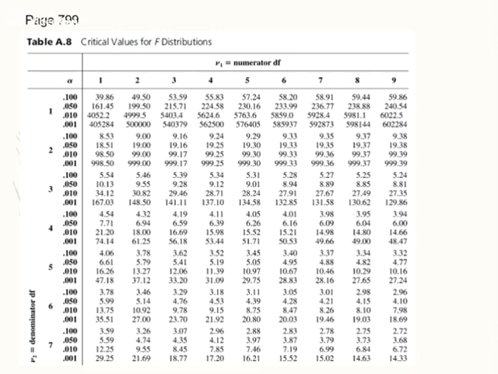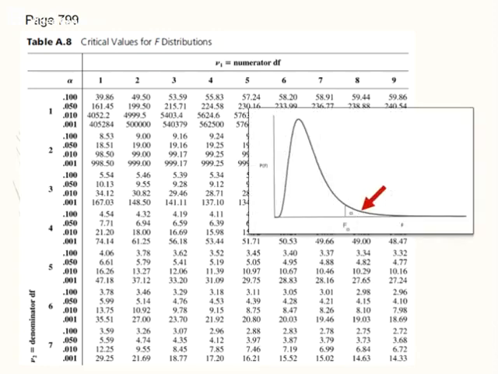On page 799, they give you tables for critical values only. In other words, you'll be able to find this value here given some upper tail, and they only give you specific alpha values. So for example, for let's say one numerator degrees of freedom and one denominator degrees of freedom.